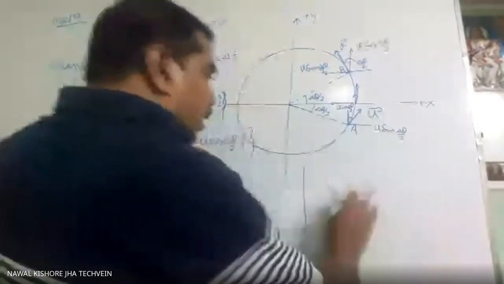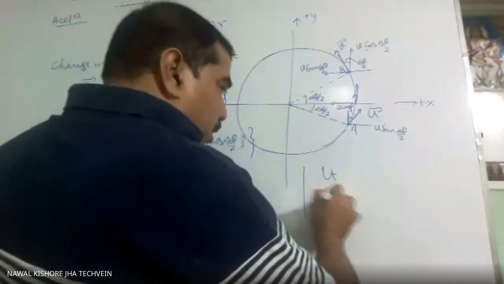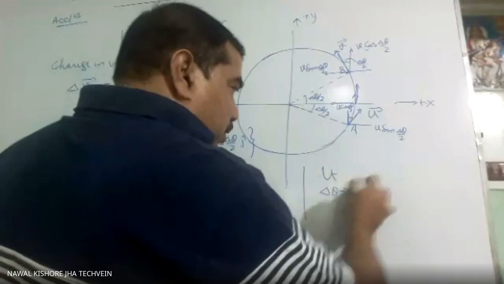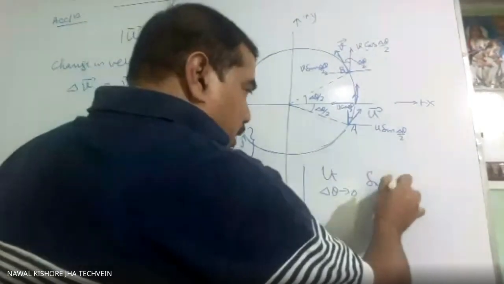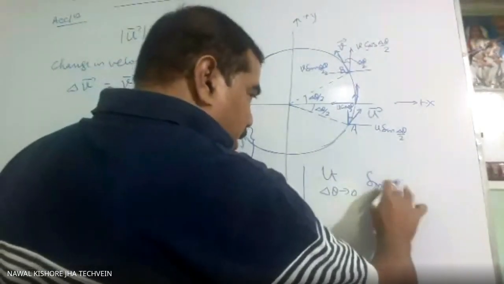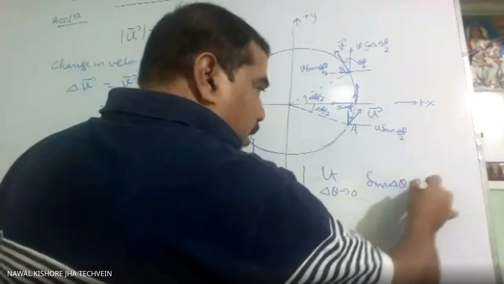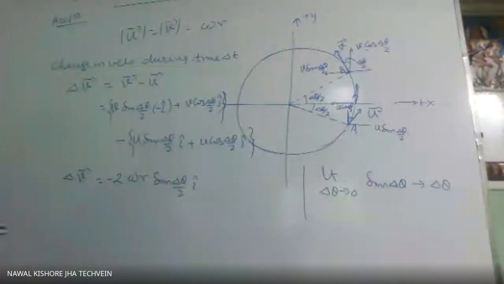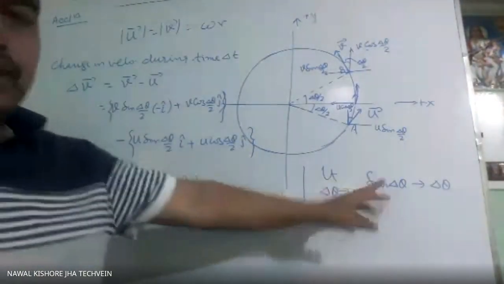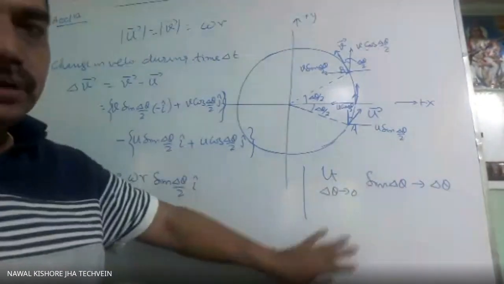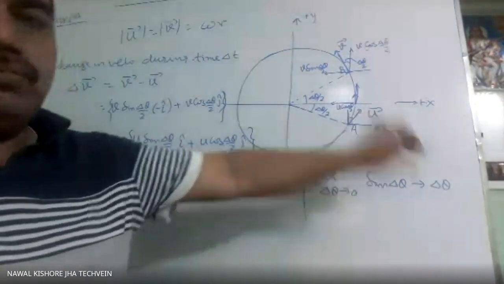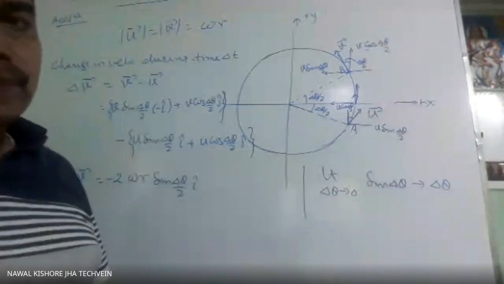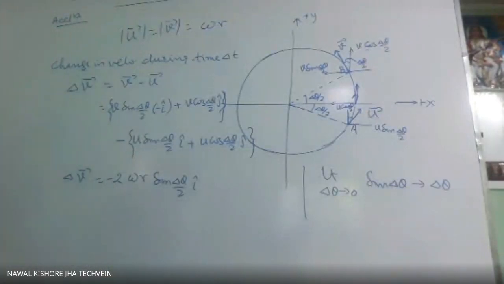Sin delta theta is approximately delta theta. We saw this by placing the values too. When you convert 4 degrees in radians, it comes out the same. We have already seen this when we discussed vectors.